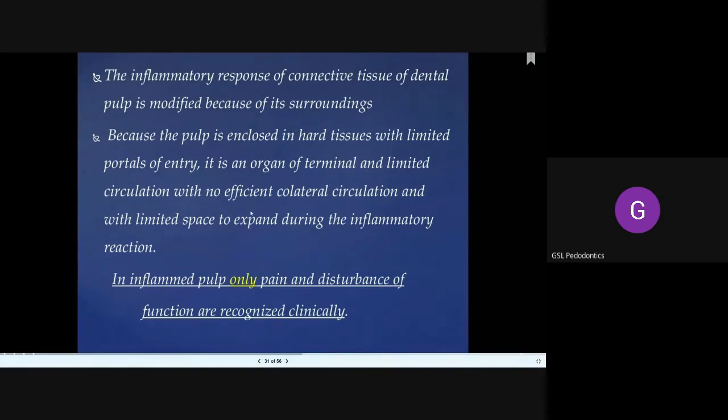In the inflamed pulp, only pain and disturbance of function are recognized clinically. You can't see all the macrophages, leukocytes, WBCs that you studied in second year pathology. The cells of inflammation we can't picture, because the pulp is an enclosed space protected by enamel and dentin. So only the pressure, the infection, the inflamed pulp and pain can be seen.